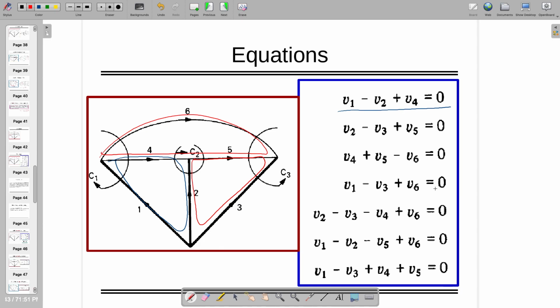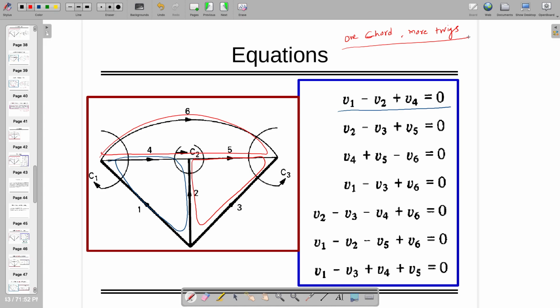This is just to make sure that all these are possible loops when there is only one chord and more twigs. So we are going to drop those equations which do not follow this rule.